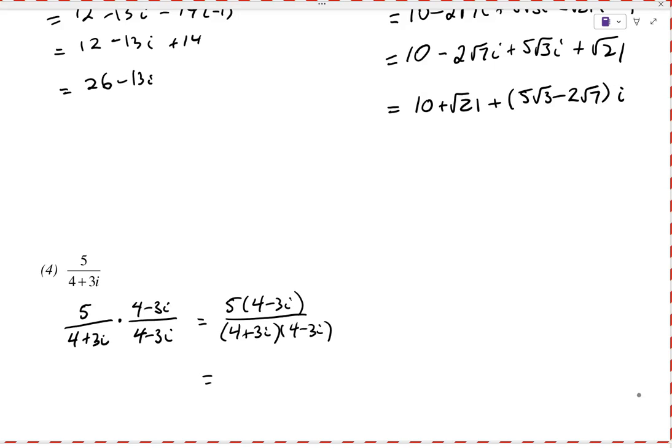When you distribute the 5 through on top, what do you get? Good. When you multiply out the denominator, what do you get? 16 minus 12i plus 12i minus 9i squared. Good.